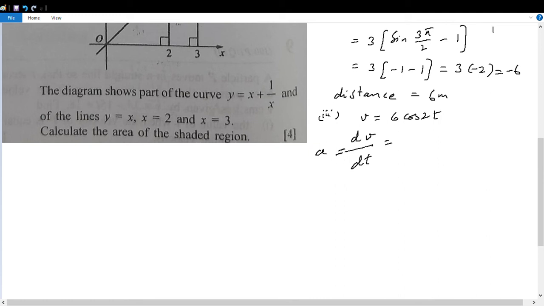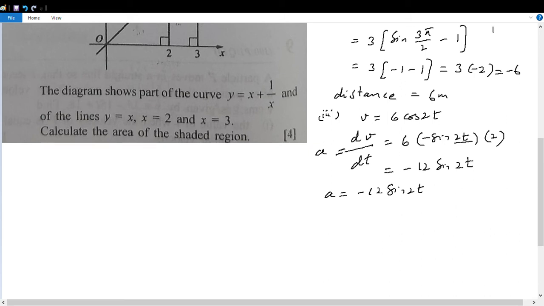It will be 6, and the derivative of cos is minus sine 2t, and the derivative of the angle will be 2. So it will be equal to minus 12 sine 2t. This is the value of acceleration. A is equal to minus 12 sine 2t.